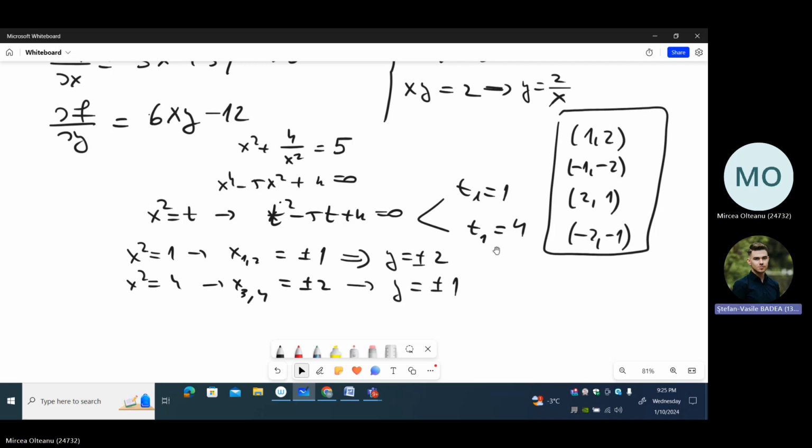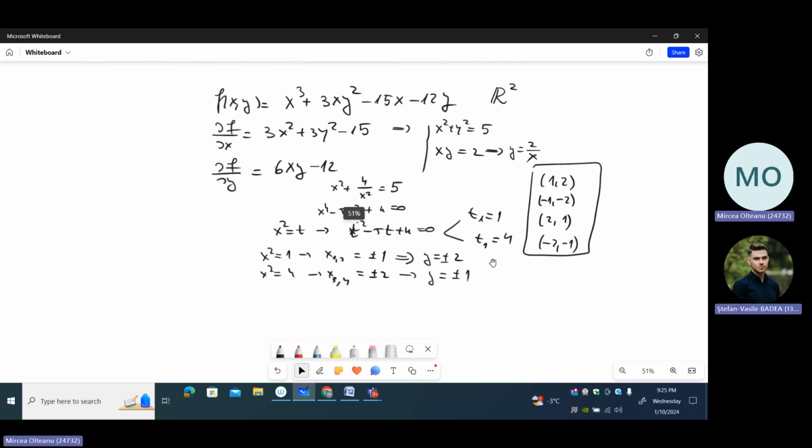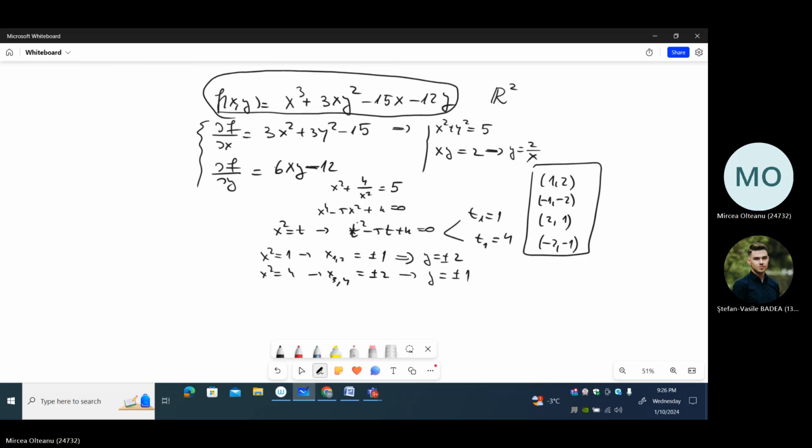Yes. And now we need to compute the second order partial derivatives. What's interesting about this function is the following. The function has no symmetry between x and y. However, interestingly, the partial derivatives are symmetric in x and y.